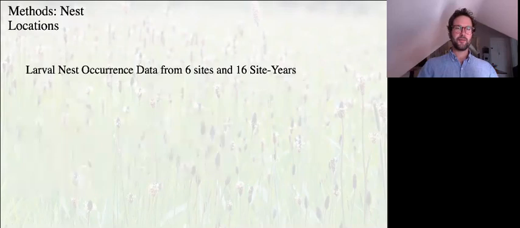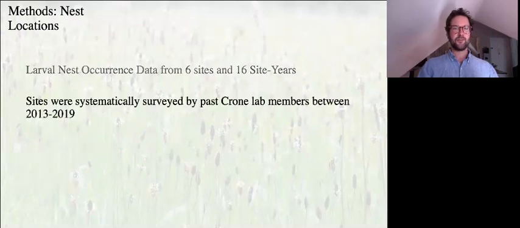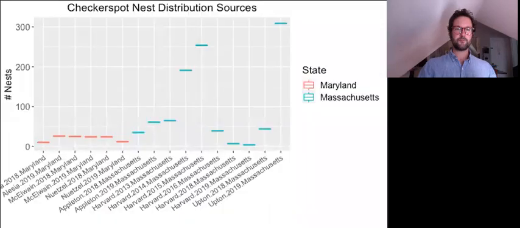Getting into the methods of this study, first of all, we have nest location, so where all those webs were located. For this, we have larval nest occurrence data from 6 sites and 16 site years, so multiple years for all of the sites. Sites were systematically surveyed by past Crone lab members between 2013 and 2019. Here's just to demonstrate the type of data that we have.